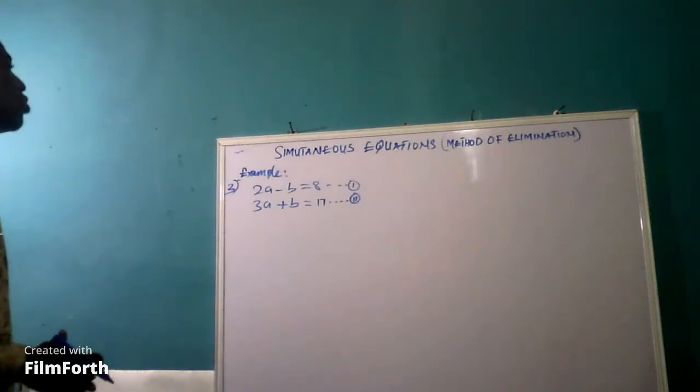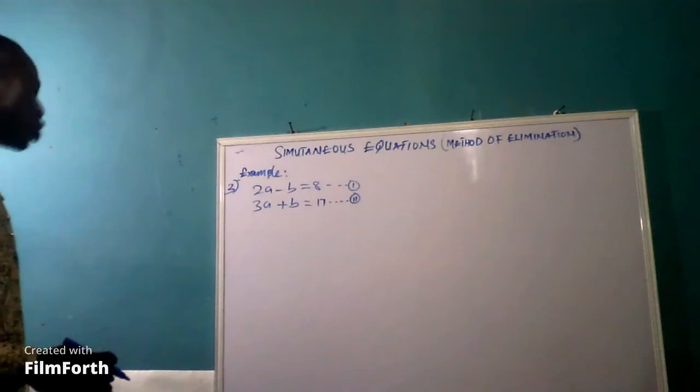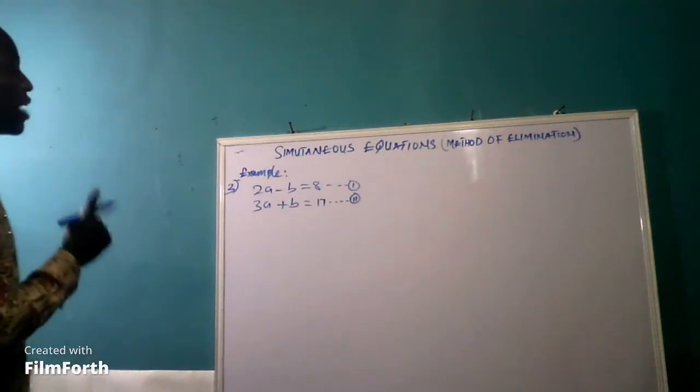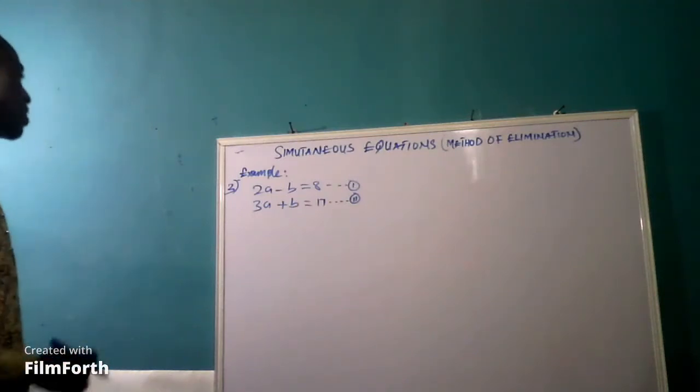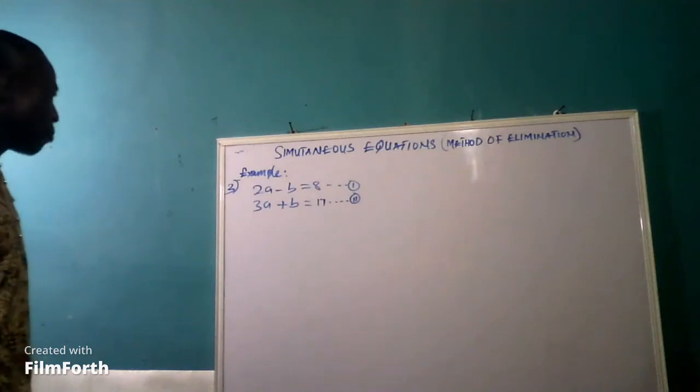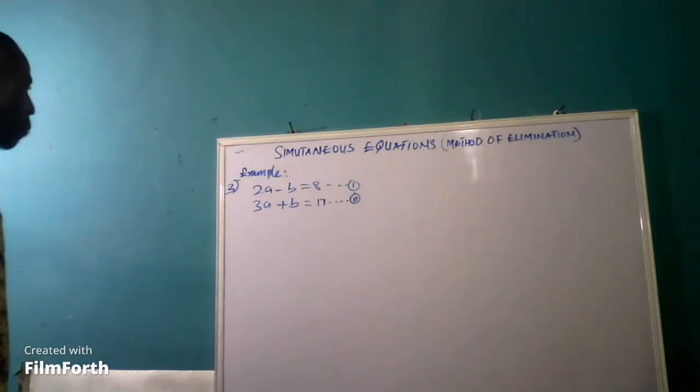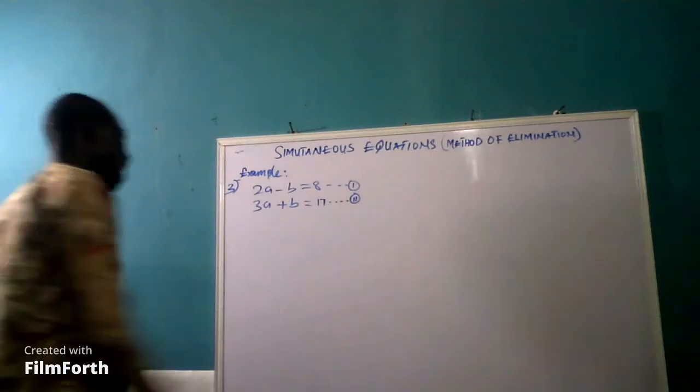You don't need to do further multiplication. Just like you're having minus b and plus b, you can go straight and add up the equations.